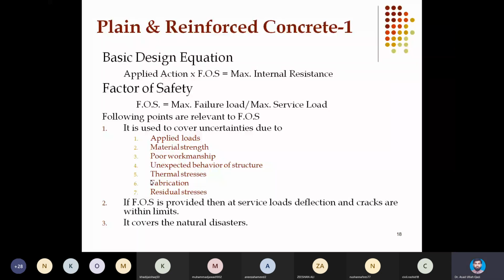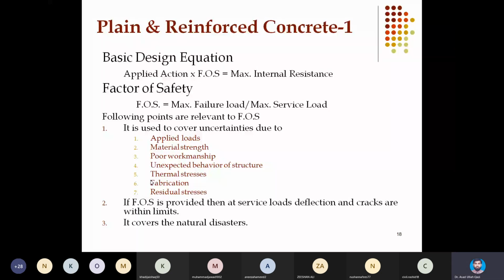And furthermore, since your structure will have some reserve capacity above your designed one, above your service required one, it means that for unexpected loads during natural disasters, earthquakes, cyclones, in such events the reserve capacity will also help you to improve the ductility and also to give you life safety.